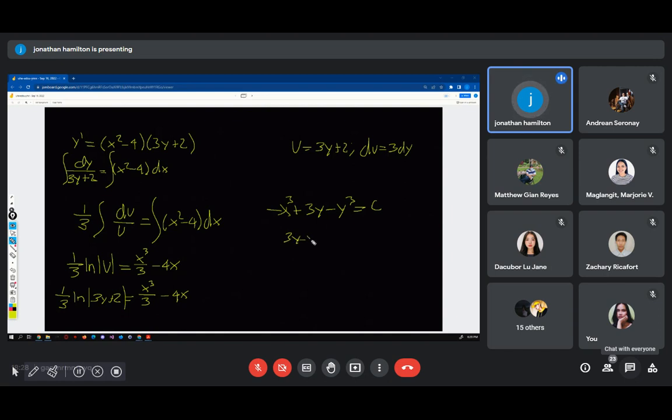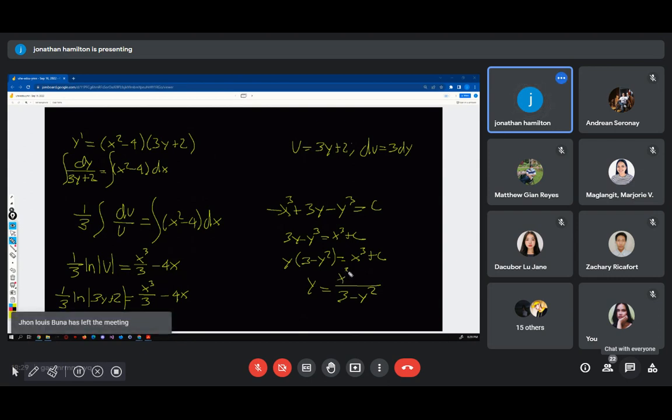Let's say this is 3y minus y cubed is equal to x cubed plus c. We could say y times 3 minus y squared is equal to x cubed plus c. So we could also say now this is also the general solution.